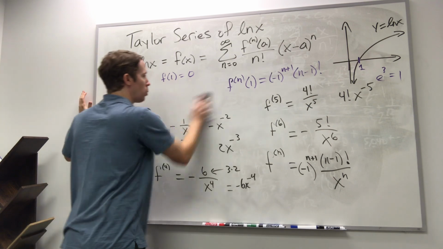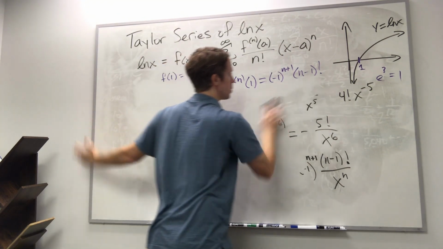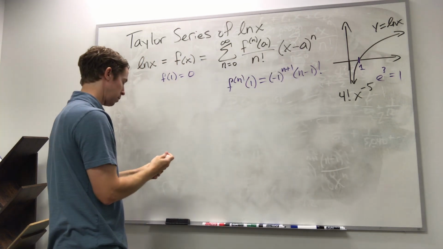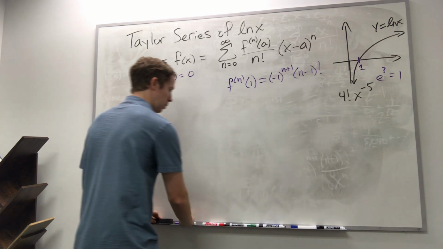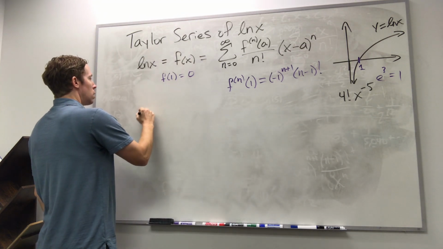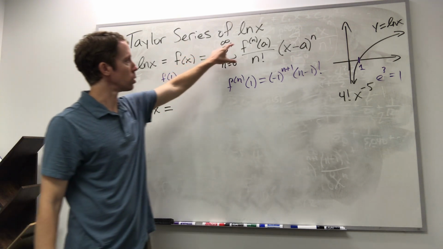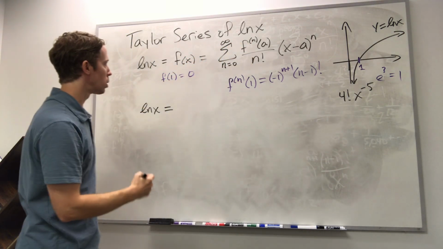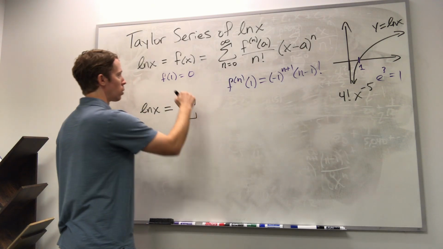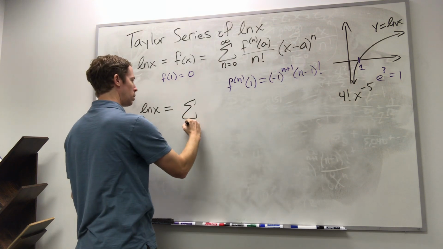Now let's think about what that looks like. I'm going to first write this general series for it, and then I'll write it term by term. So again, n equals 0 will go away, so I'll start at n equals 1.